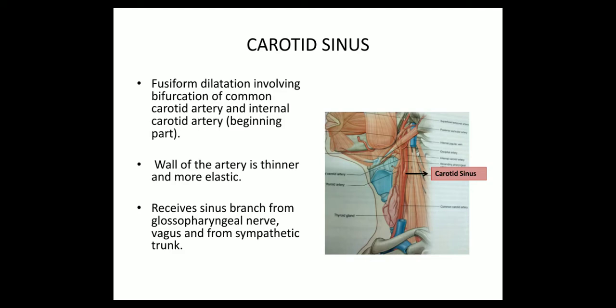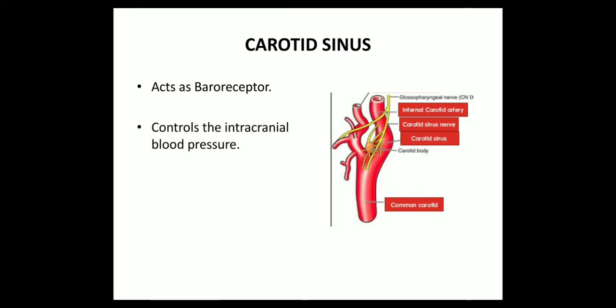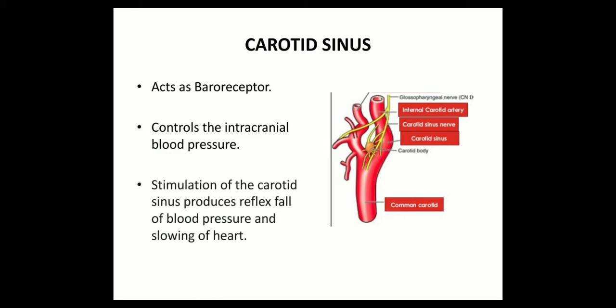It receives the sinus branch from the glossopharyngeal nerve, the vagus nerve and also from the sympathetic trunk. It acts as a baroreceptor and it controls the blood pressure. The stimulation of the carotid sinus produces a reflex fall of the blood pressure and slowing of the heart.